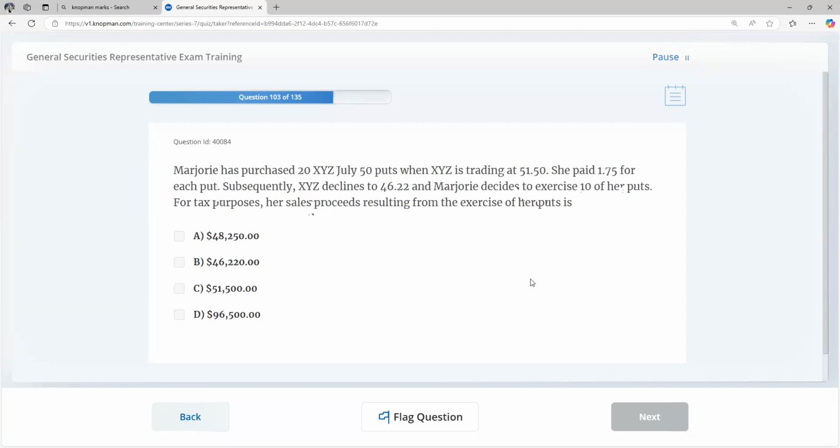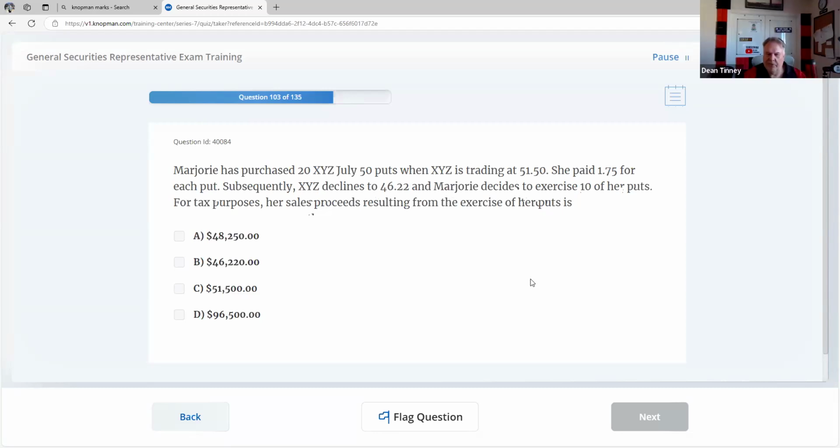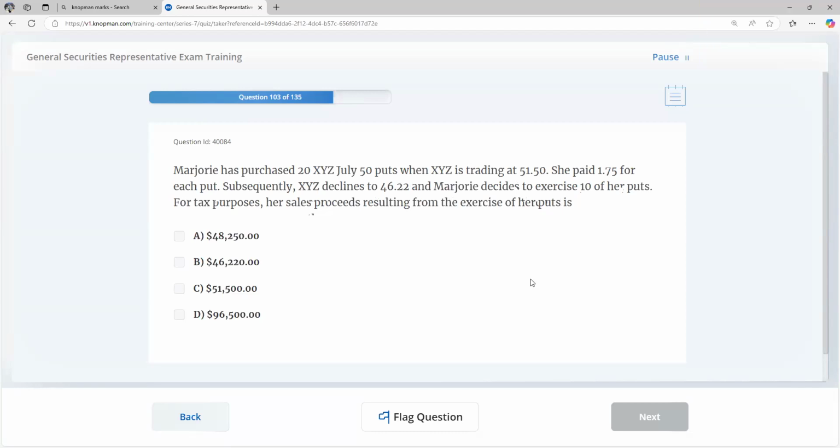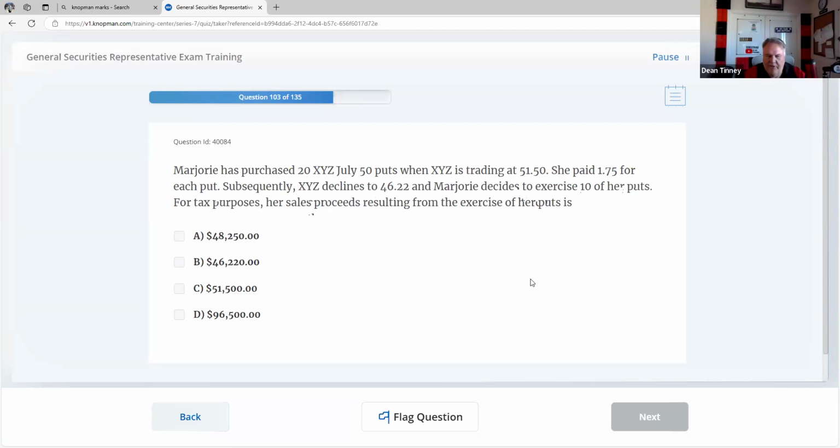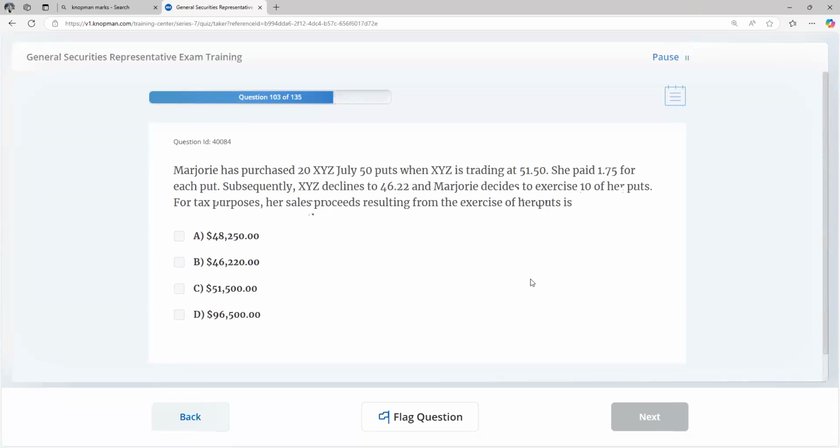That's a really weird question. Hold on. We have to remember we only have to deal with 10 of them, right? And it says she purchased them. So she's selling 1,000 shares at the strike price of 50, right?